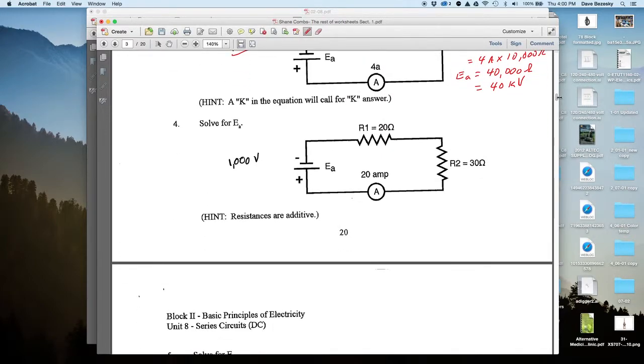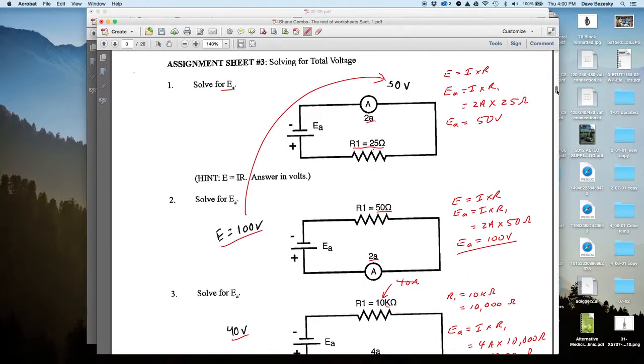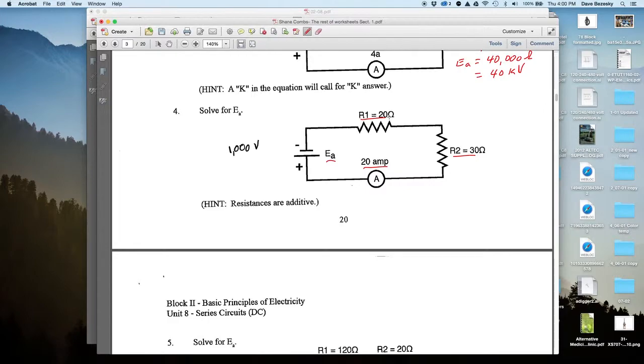Okay, let's go on to number 4. Number 4, they want you to once again do a similar thing: figure out EA when you're given the current and the resistances. These prior circuits were all pretty simple. They only had 1 resistor in them. Now we've got a circuit with 2 resistors instead of 1. And Dennis put a hint down here: resistances are additive.